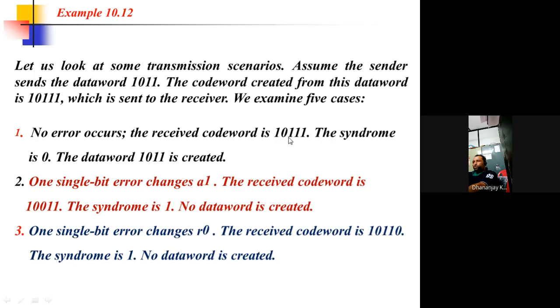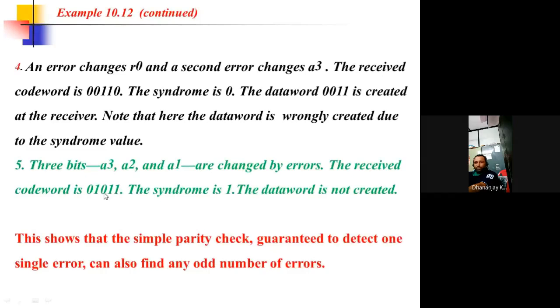So 01011, 01011. This will be the data. If all 3 bits change, then now if we see 0101, the total number of ones is 2. So the parity should not be 1, but the parity here is 1. That means the error will be detected and the syndrome will become 1.